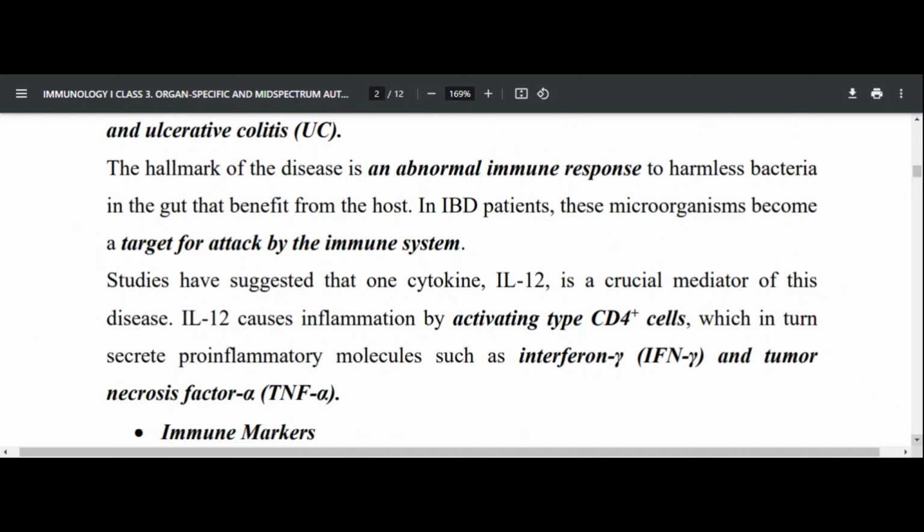These two pro-inflammatory mediators, interferon gamma and tumor necrosis factor alpha, are mediators of inflammatory bowel disease, which includes ulcerative colitis and Crohn's disease. This is normally due to the mediation of interleukin 12, which stimulates CD4 cells, and they will also produce or secrete pro-inflammatory molecules.